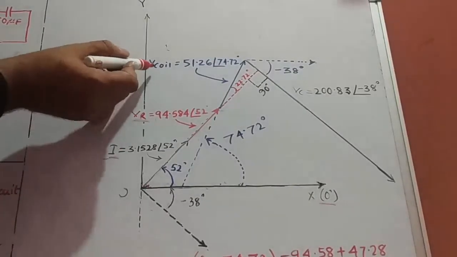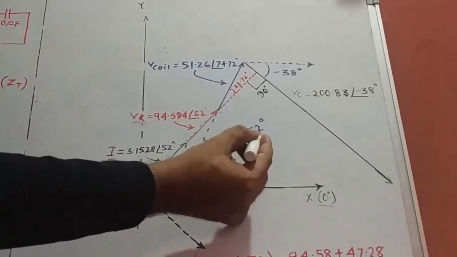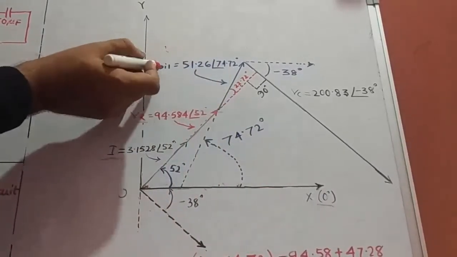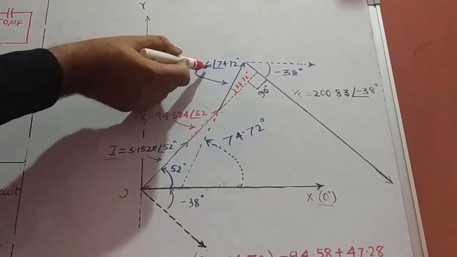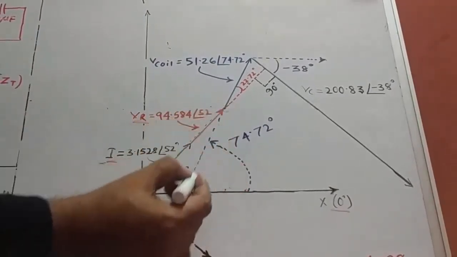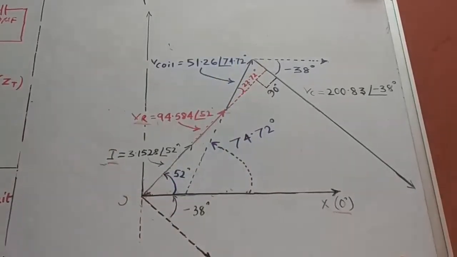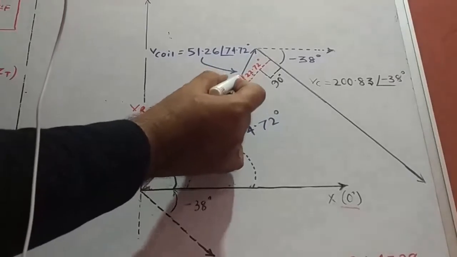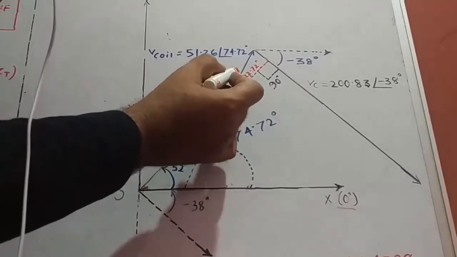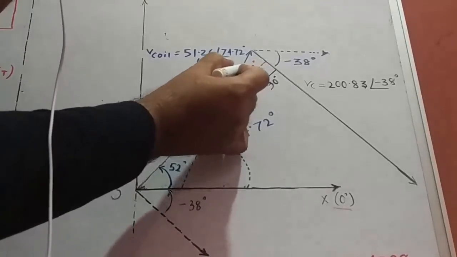Now the coil voltage. The coil voltage is 51.26 at angle 74.72 with respect to the reference. I have plotted it in blue. The difference between the current axis at 52 and this angle 74.72 is 22.72 degrees here.